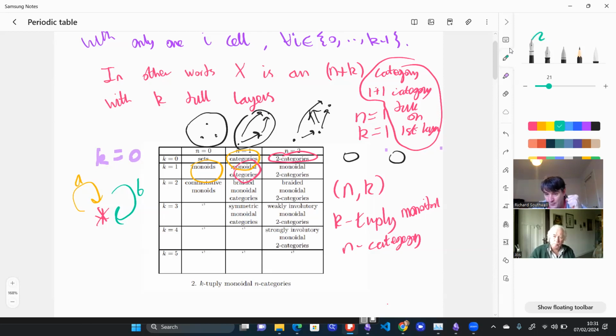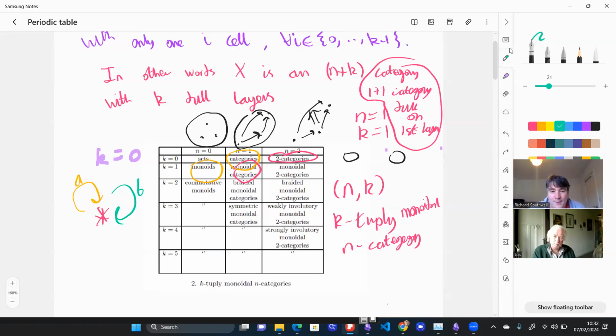So it only has a single zero cell. But if it's two tuple monoidal, that means it's dull on the first two layers. So it only has a single zero cell and the identity of that zero cell. And then we start building interesting stuff on top of it. So there's like how many times it's monoidal, in a sense.